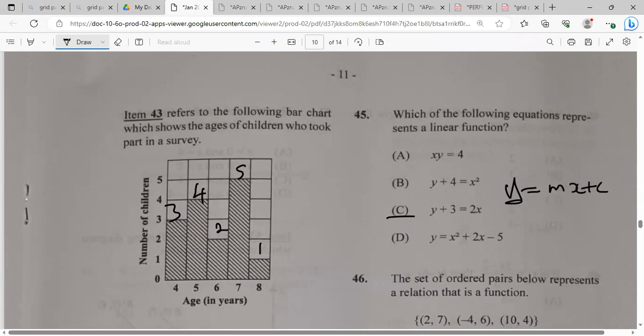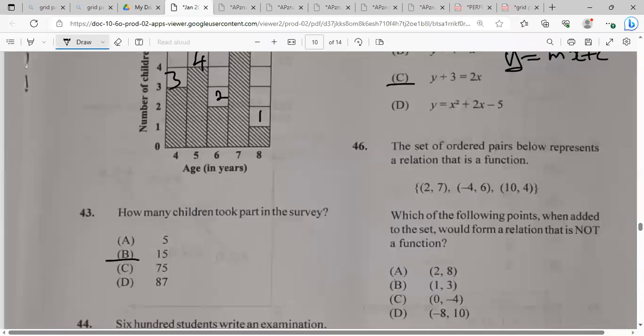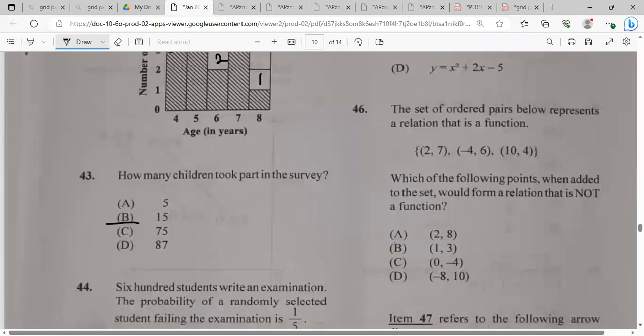All right. 46. The set of ordered pairs below represents a relation that is not a function. Which of the following points, when added to the set, would form a relation that is not a function? All right, so we have 2, 7. Oh yeah, that'll be this.